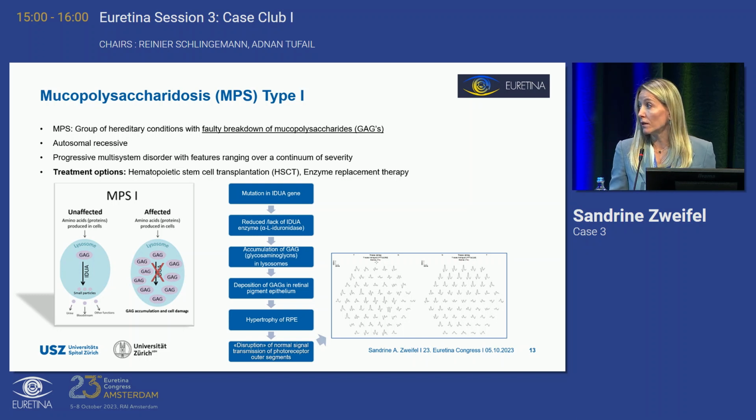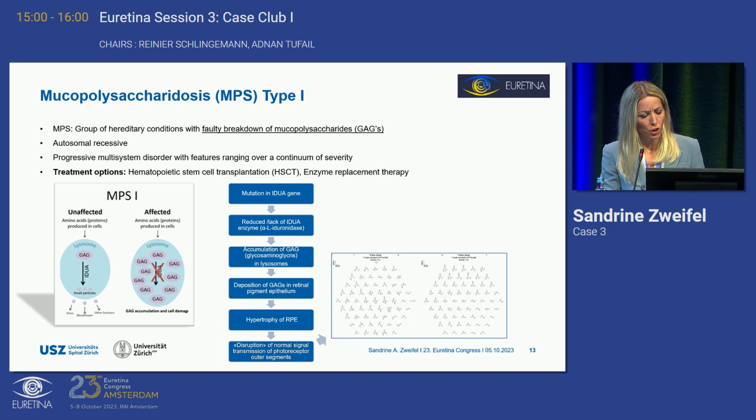This is a patient with a type 1, and even within the type 1 you have a huge range, especially regarding the systemic manifestation. You have a mutation in the iduronidase gene, which leads to a reduction or even a lack of this enzyme, which is responsible for the degradation of glycosaminoglycans. So if you have a lack of this enzyme, you accumulate these glycosaminoglycans.